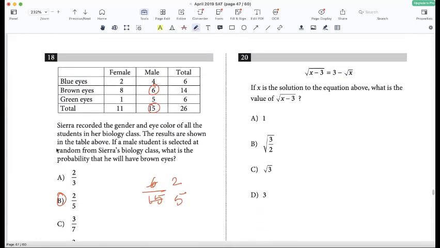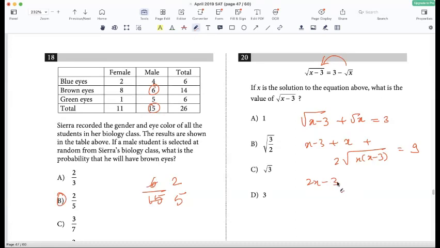If x is a solution to the equation above, what is the value of root x minus 3? So let's, should we square it? Yeah, I think we'll square it, but I think I'll first bring this to the left-hand side. So root (x minus 3) plus root x is 3. So when I square this, I get x minus 3 plus x plus 2 times root of x into (x minus 3) is 9.